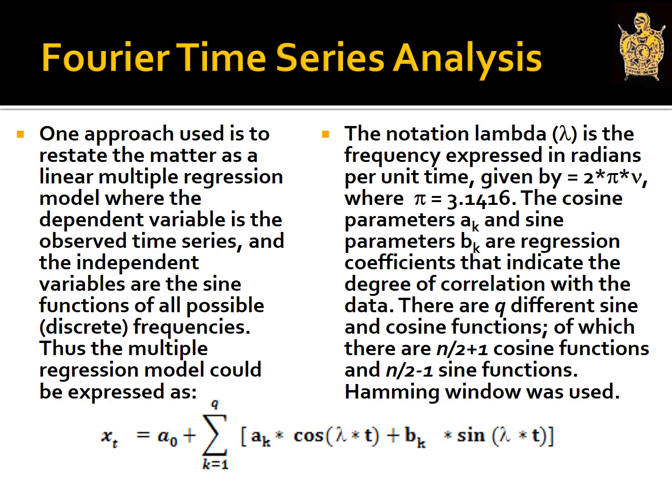We then performed the Fourier analysis using a linear multiple regression model where the dependent variable is the observed time series and the independent variables are the sine functions of all possible frequencies.